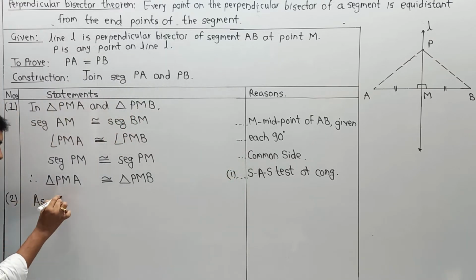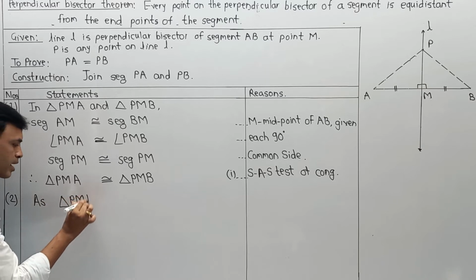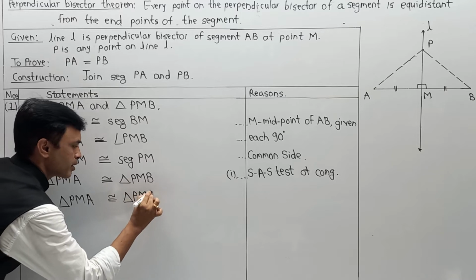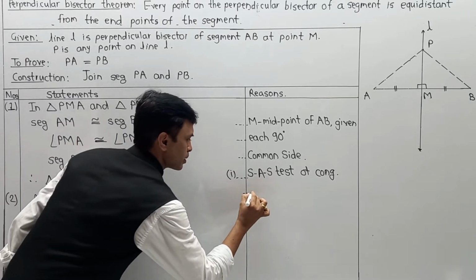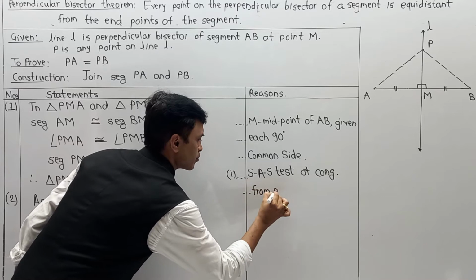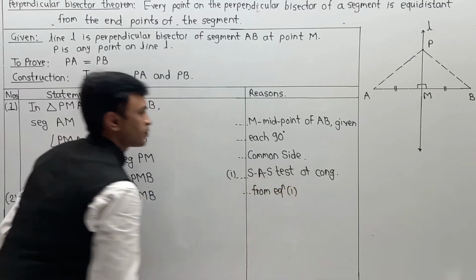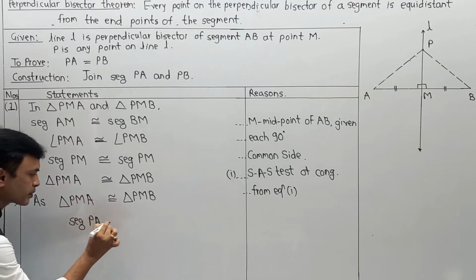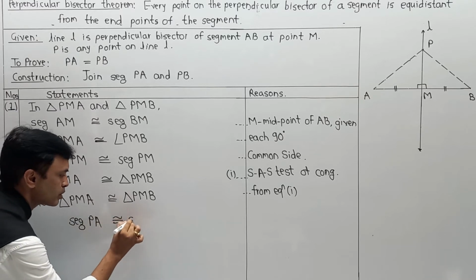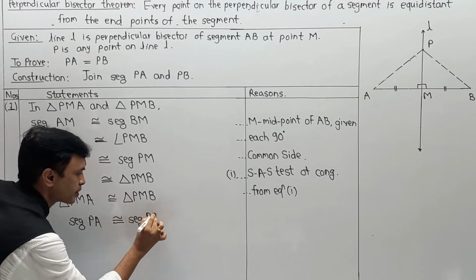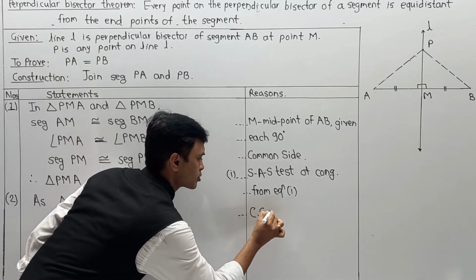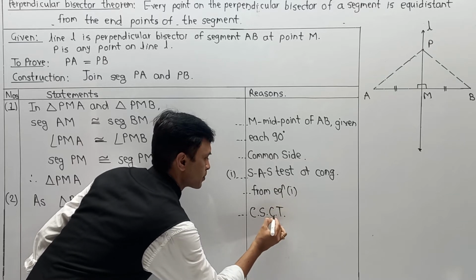As triangle PMA is congruent to triangle PMB from equation 1, therefore segment PA is congruent to segment PB, and the reason becomes corresponding sides of congruent triangles.